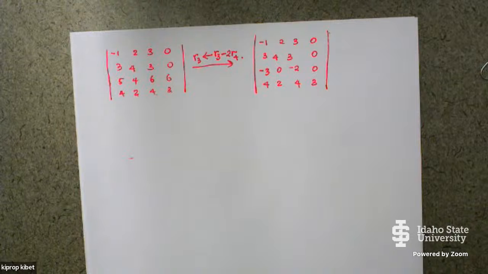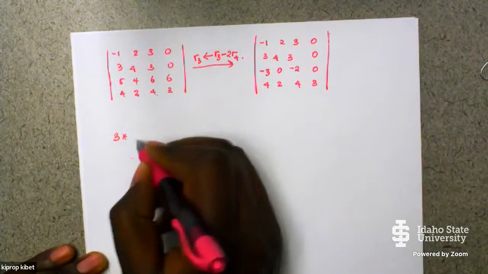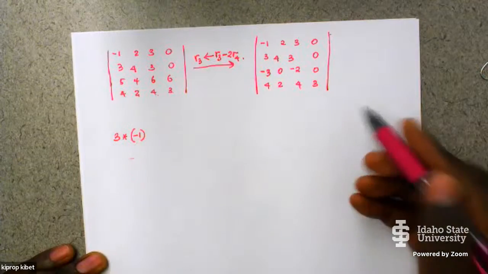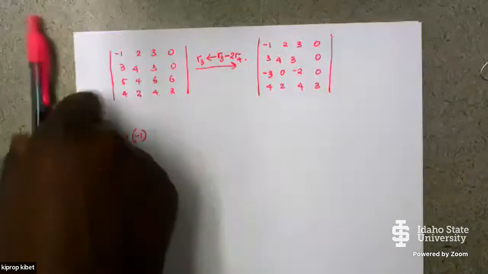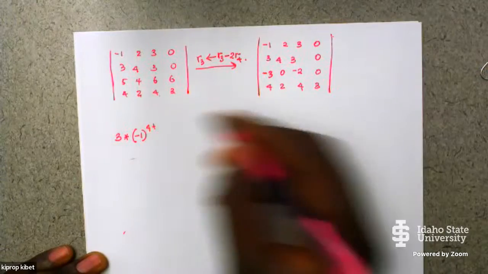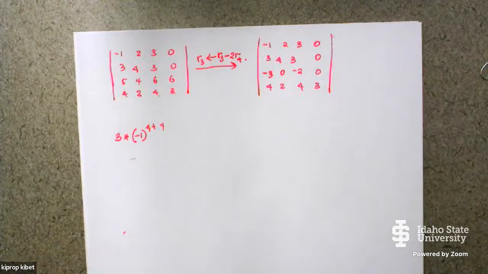Now you use the cofactor. You already have all these zeros, so you can now delete this row and this column. You use this as the value there. So now we have 3 multiplied by -1 raised to the row 4 plus the column 4, since the row is 4 and the column is 4.